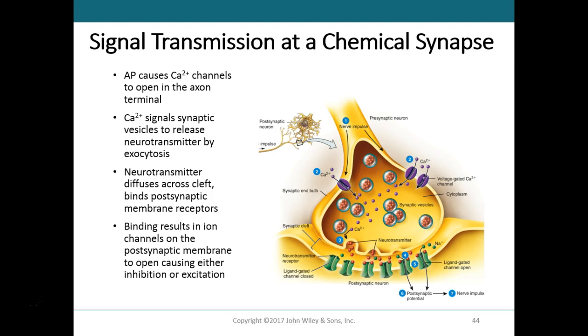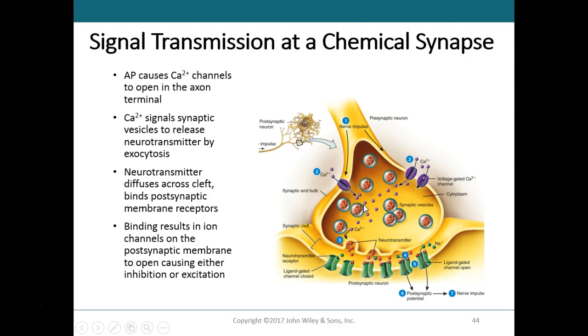that change in the voltage of the membrane causes calcium channels to open. As the calcium channels open, the positively charged calcium enters the area of the synaptic bulb, and in this synaptic bulb there are vesicles that are storing a neurotransmitter such as acetylcholine that we saw with muscle cell contraction.